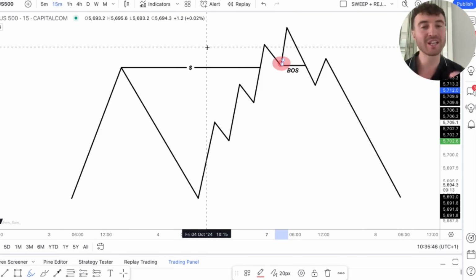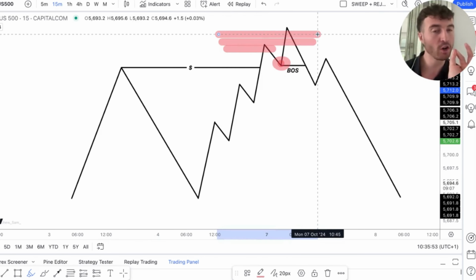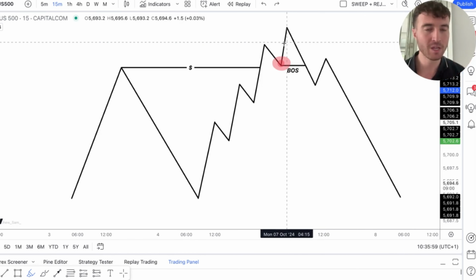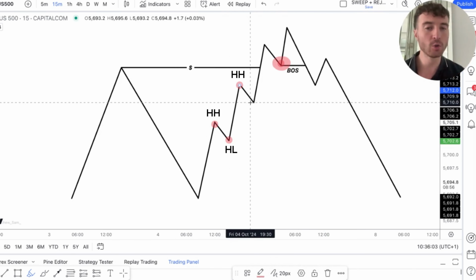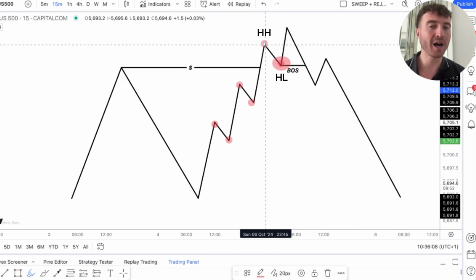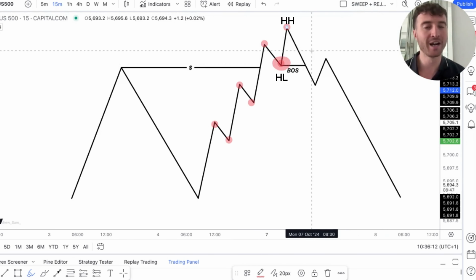If you are sell bias on the market and you do see a run of liquidity, what you're going to be looking for on the lower time frames is this entry schematic right here. You're going to see this swing structure coming up to this liquidity sweep. You get your higher high, higher low, and then your final higher high.